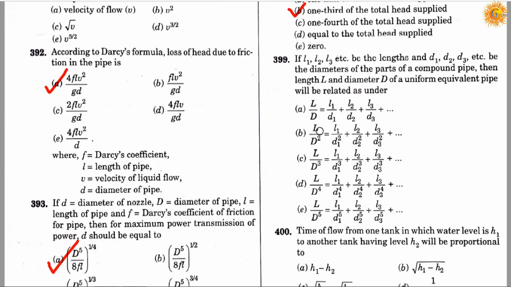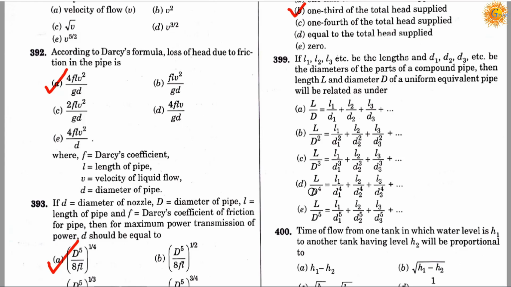Option B, L divided by D square is equal to L1 upon D1 square plus L2 upon D2 square plus L3 upon D3 square. And option C, L upon D cube is equal to L1 divided by D1 cube plus L2 divided by D2 cube plus L3 divided by D3 cube plus and so on.